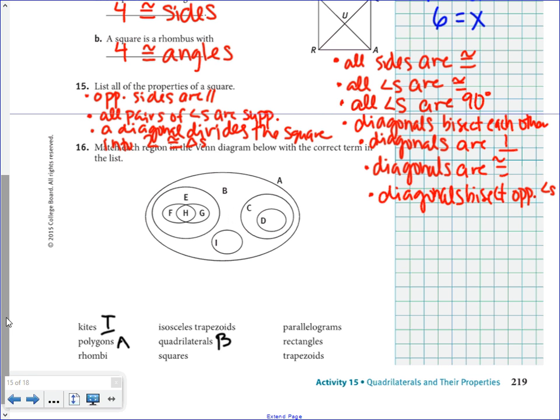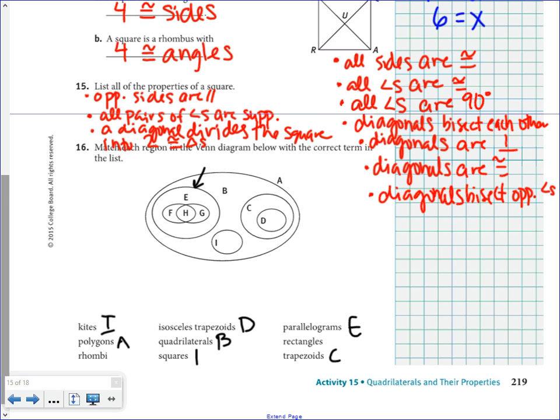From there, we went to trapezoids. And a subset of trapezoids is the isosceles trapezoids. And so that would be C and D. And then two lessons ago, we looked at parallelograms. So that's going to be part E. And the types of parallelograms, you have rhombus, rectangle, and square.